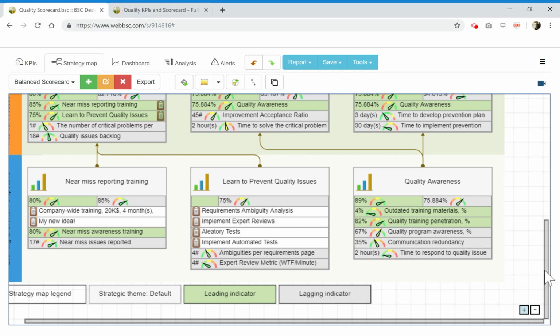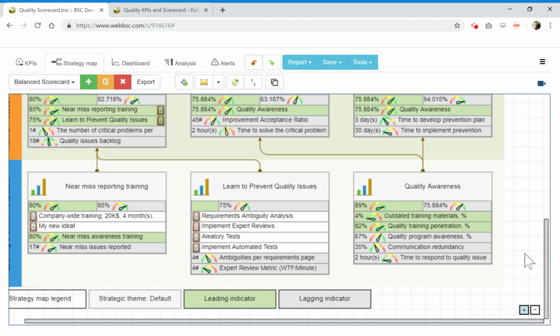Another thing that I wanted to pay attention to: here, for example, let's take the quality awareness goal. We have several indicators aligned with this goal. We have two leading indicators, which are outdated training materials and quality training penetration.